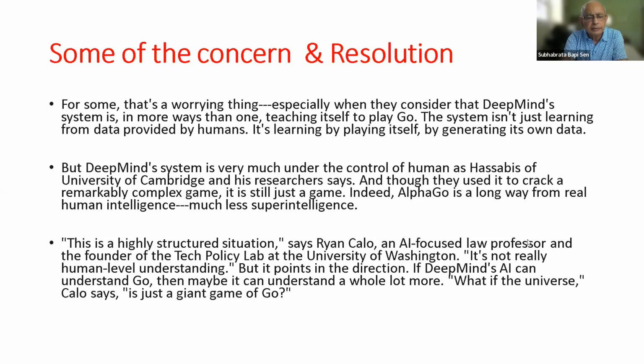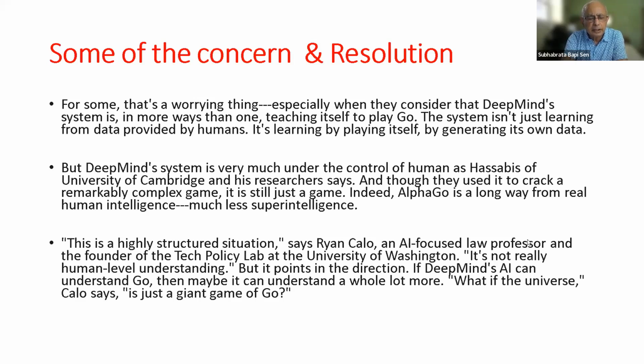But the DeepMind system is very much under the control of humans, as Hassabis of the University of Cambridge and his researchers say. And though they used it to create a remarkably complex game, it's still just a game. Indeed, AlphaGo is a long way from human intelligence, much less superintelligence.